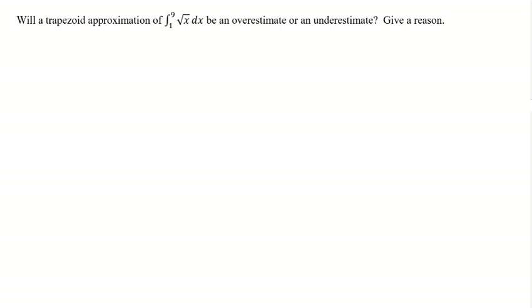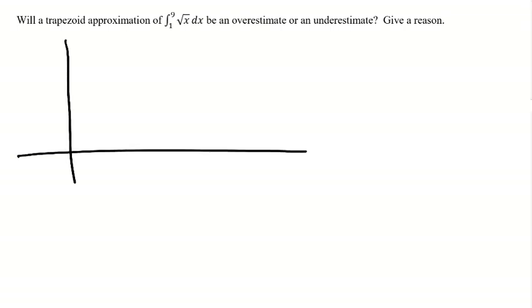Here we got another good one. We've got a trapezoid approximation for the area under the graph of square root of x from 1 to 9. Okay, so again, you've got to know what the graph of square root x looks like. I'll draw you a picture. Okay, looks like that. So I'll let y'all think about that for a second.